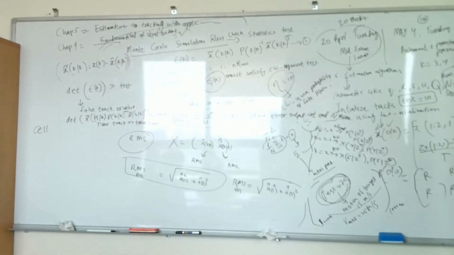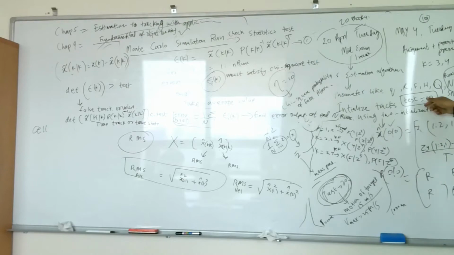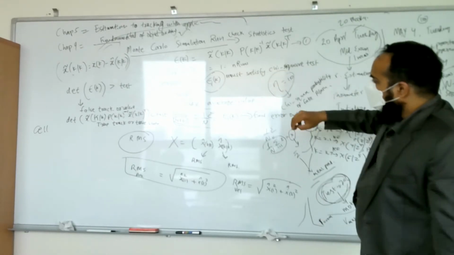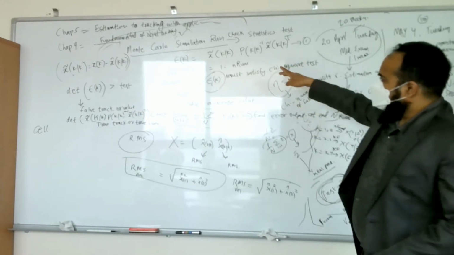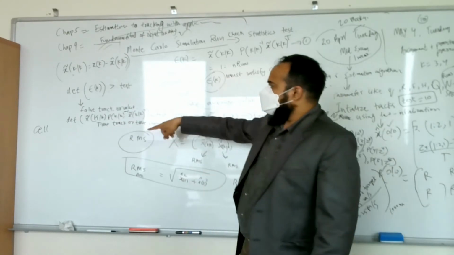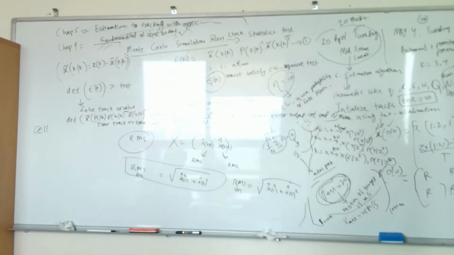So here you can make different functions. The first function is the parameter function, the second function is initialize, the third function is update, and the fourth function is the calculation of the statistic, like this test and the error, and finally you have to generate the trajectory.